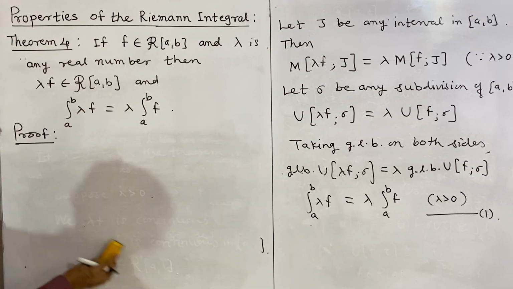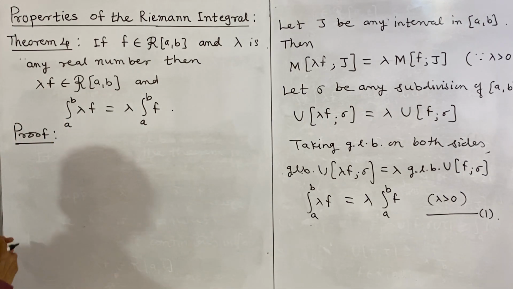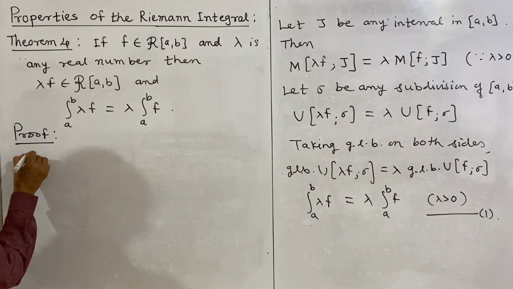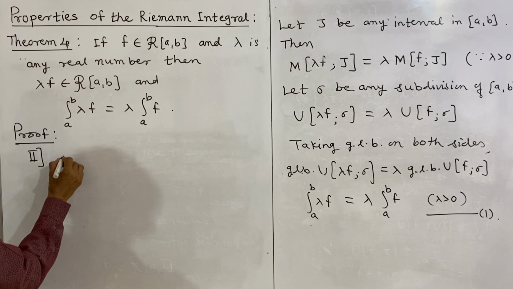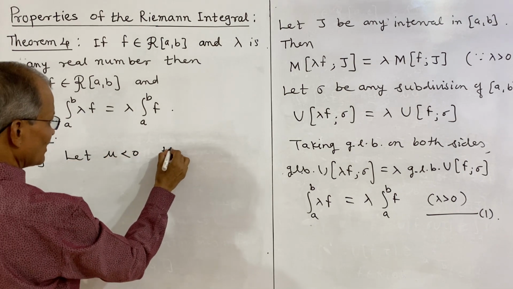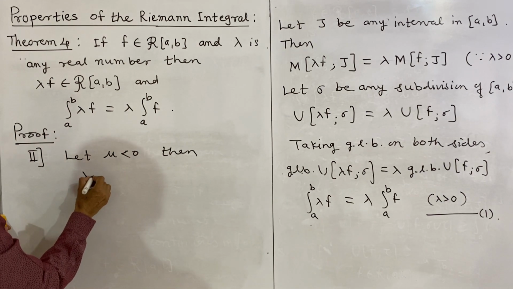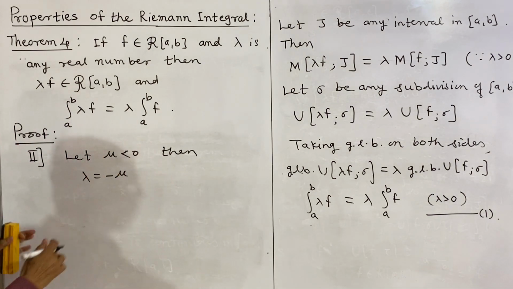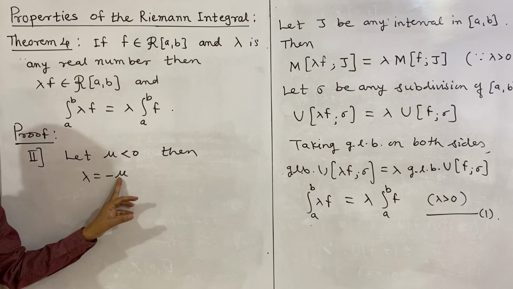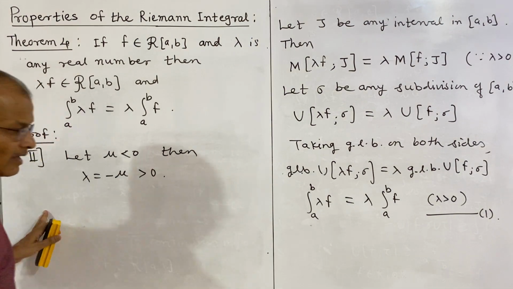Second part: let mu be less than 0, then we will consider lambda as negative of mu. Then, mu is negative, and the negative of a negative will be positive, so lambda will be greater than 0.